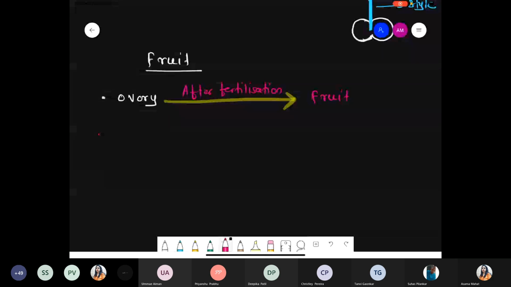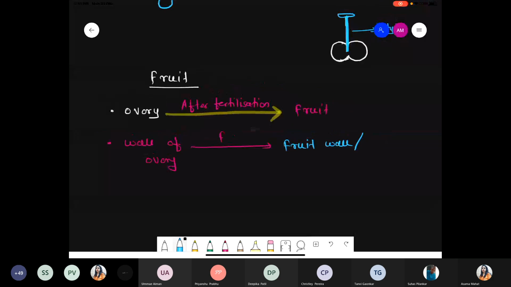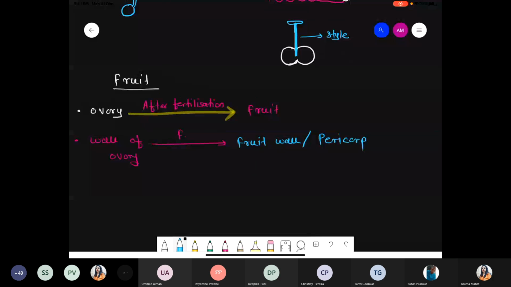Number two, we are talking about the wall of the ovary. What happened with respect to the wall of the ovary? After fertilization, that wall of the ovary is converted into fruit wall, and that fruit wall is also called the pericarp.